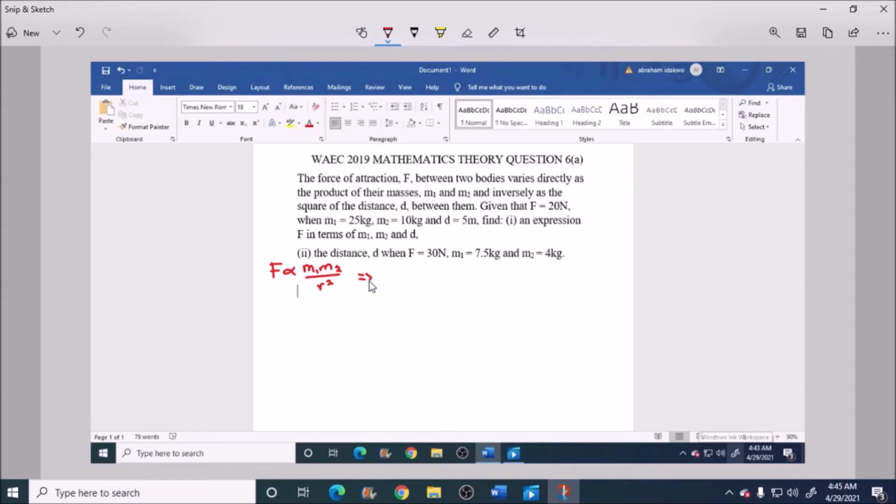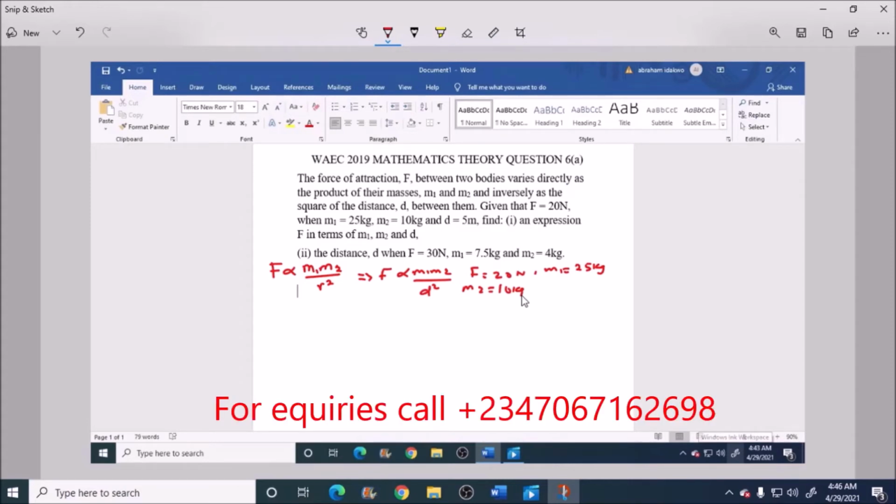Okay, then we were told that F is equal to 20 Newton, m1 is 25 kg, and then m2 is equal to 10 kg, and then we have d to be equals to 5 meter.